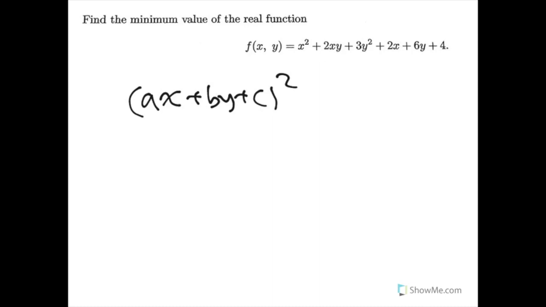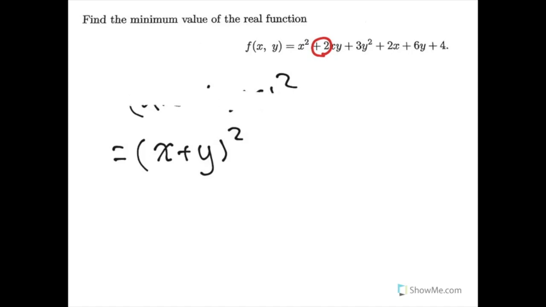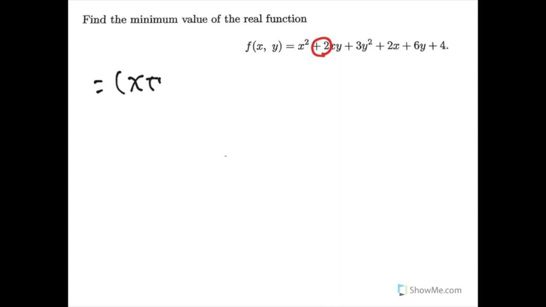So something really natural to consider is, since the coefficient of the xy term is positive 2, we're inclined to write (x plus y) all squared, because (x plus y) all squared is equal to x squared plus 2xy plus y squared, which is exactly what we want for the xy term, and also is exactly what we want for the x squared term.